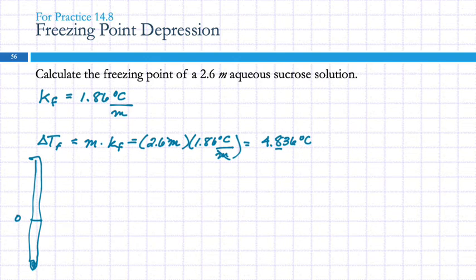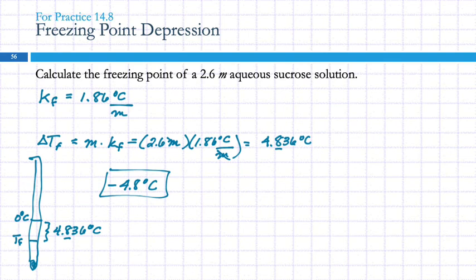Here's where the water freezes normally. And so with freezing point depression, it's going to go down this much. So this is my new freezing point, and this difference is 4.836 degrees Celsius. So the freezing point is negative 4.8 degrees Celsius. I think it's easier to just have a thermometer, a little loop up there, to avoid getting confused on whether you should add or subtract.